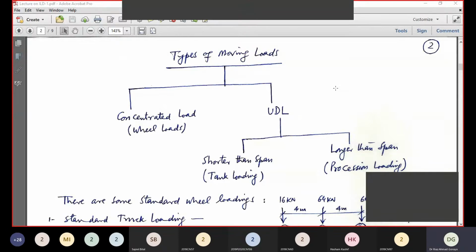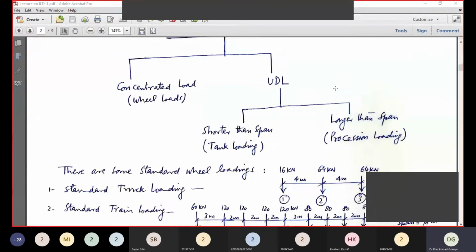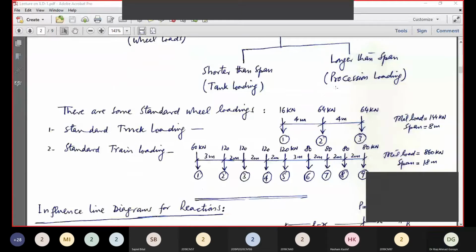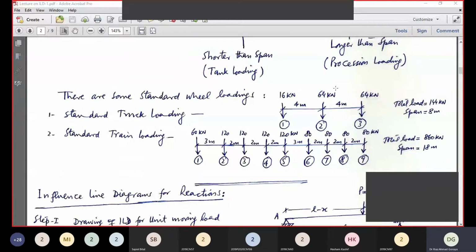There are some standard wheel loadings. One is the standard truck loading, having 3 wheels spanned by 4 meter and 4 meter. ये distances change नहीं हो सकते.